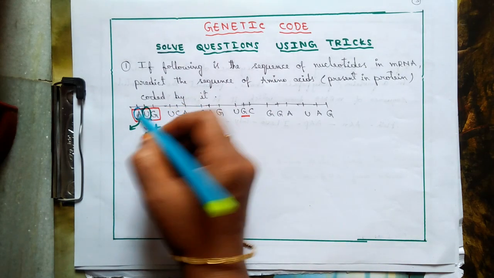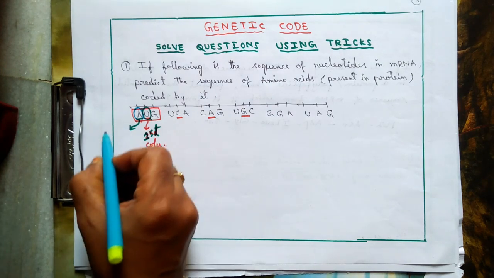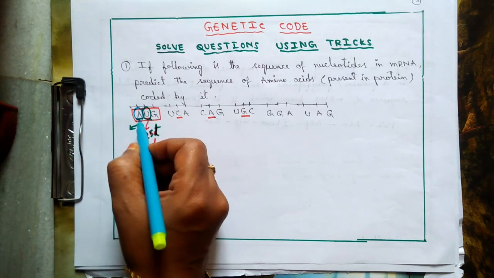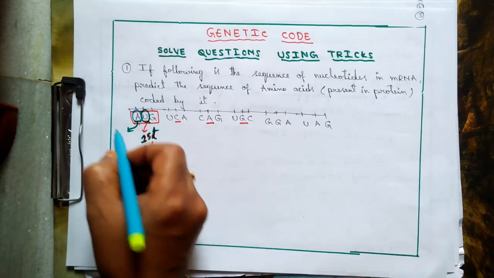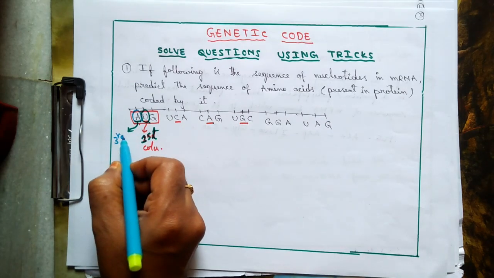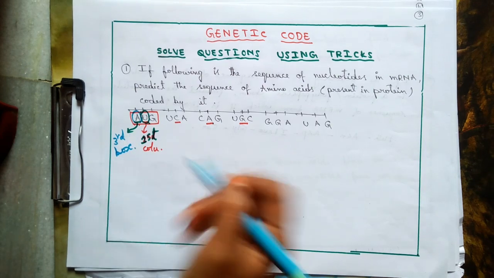If the first base is U, it is present in the first box. If the first base is C, the second box. If the first base is A, the third box. If it is G, the fourth box. So as it is A, it is present in the third box.